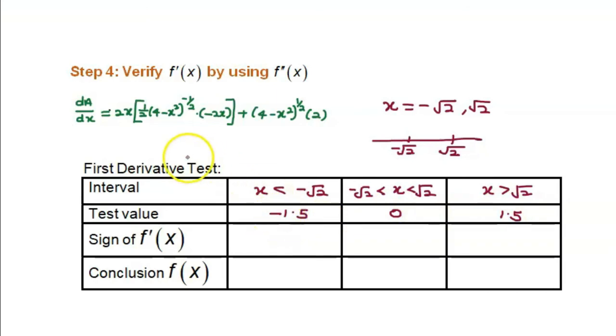Substituting the test values in the first derivative function, for negative 1.5 we will have a negative sign, for 0 we will have a positive f prime of x, and for 1.5 again we will have a negative sign. Whenever we see a negative sign, it shows the graph is decreasing. Positive sign, the graph is increasing. Negative sign, the graph is decreasing.